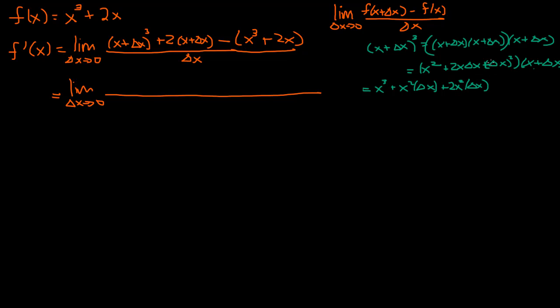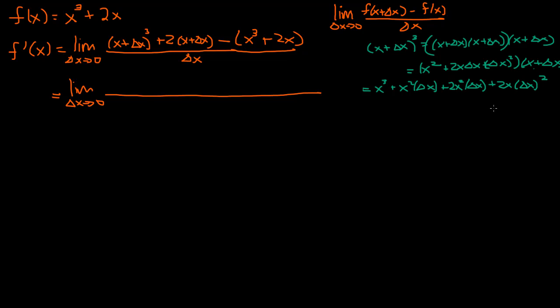I then have plus delta x times x, I lost my place here, that's x cubed plus x squared delta x, plus 2x delta x squared, yes, plus 2x delta x squared.